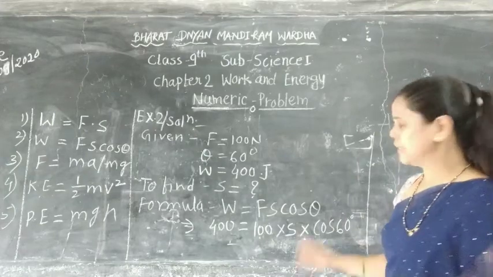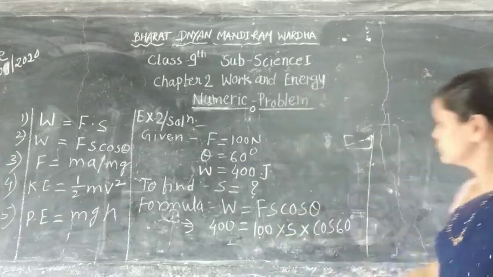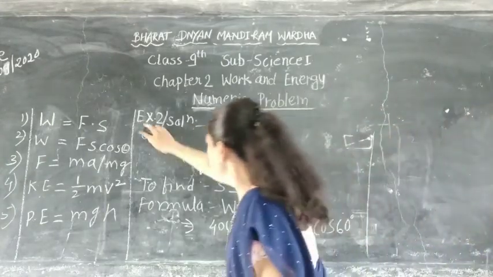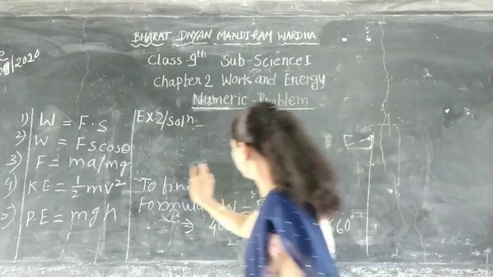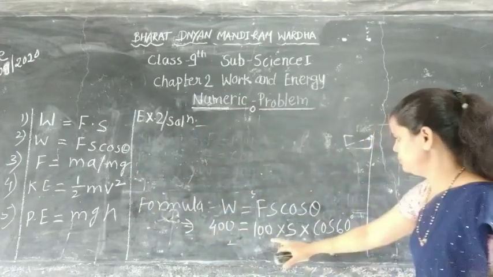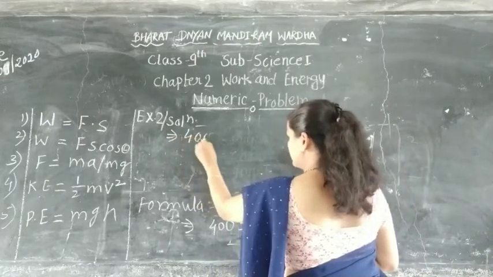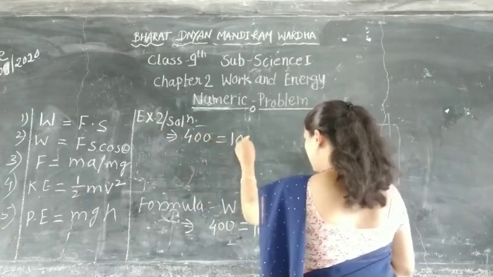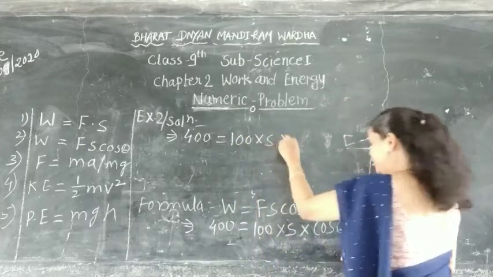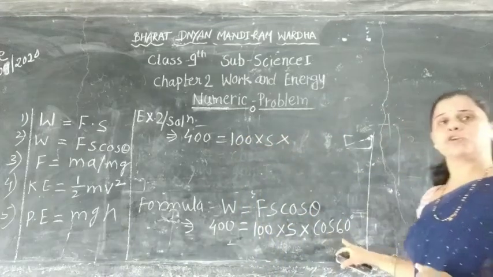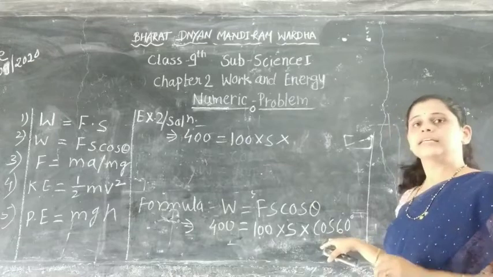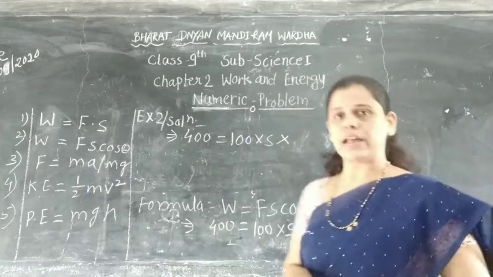Clear? So 400 equals 100 multiplied by S into the value of cos theta. Value of cos 60. You know what is the value of cos 60?